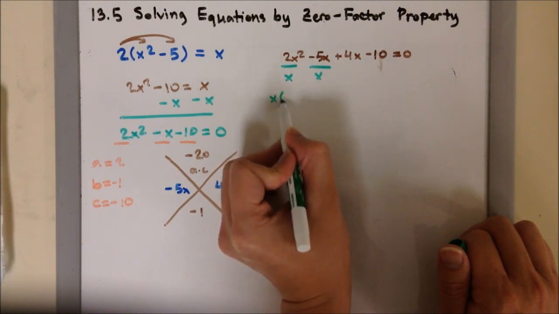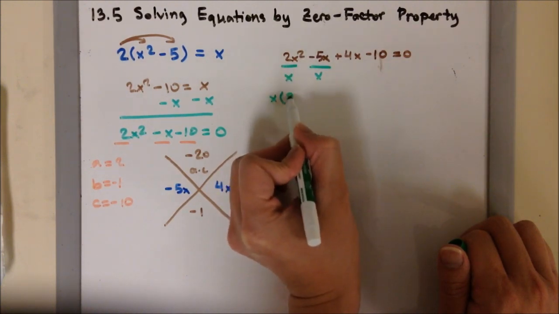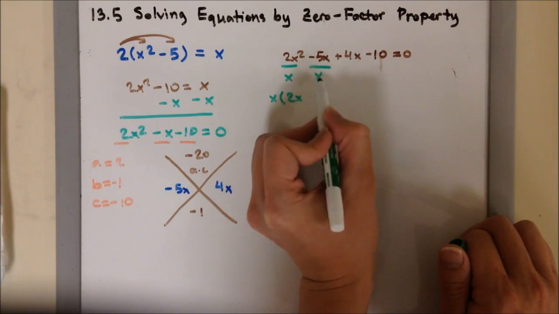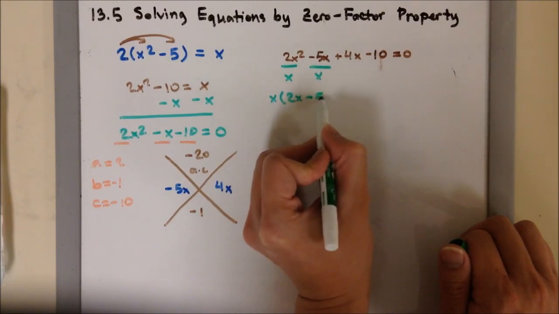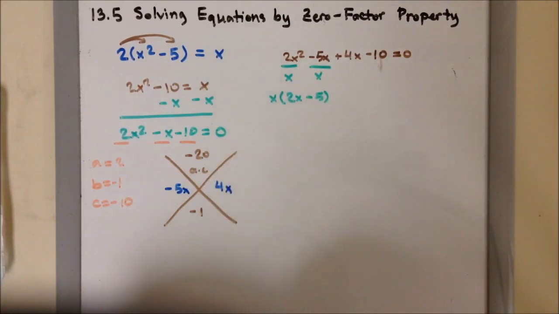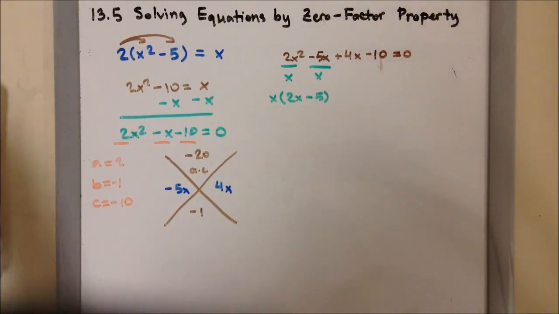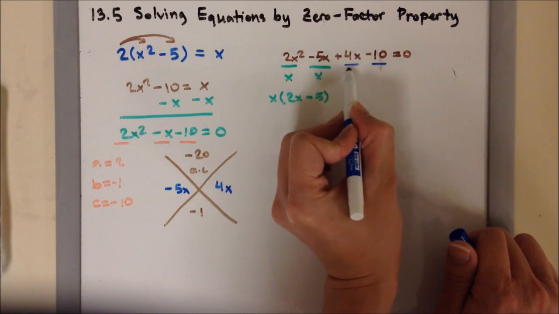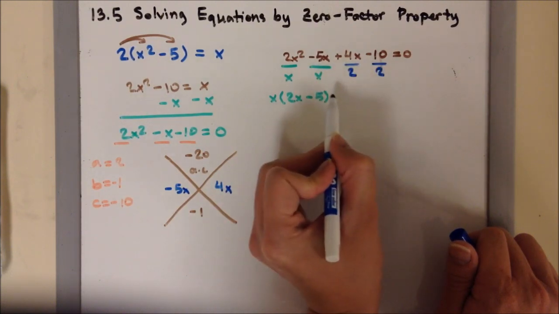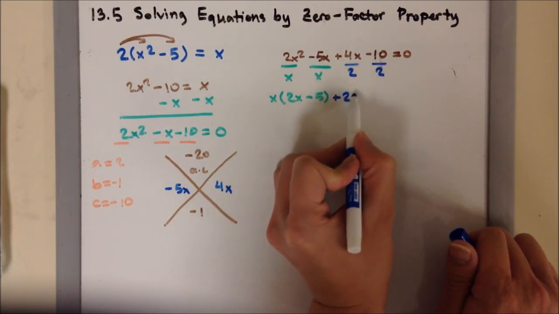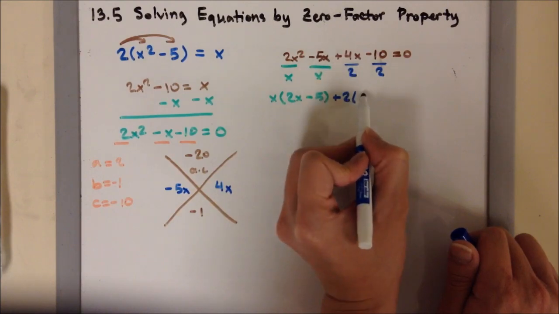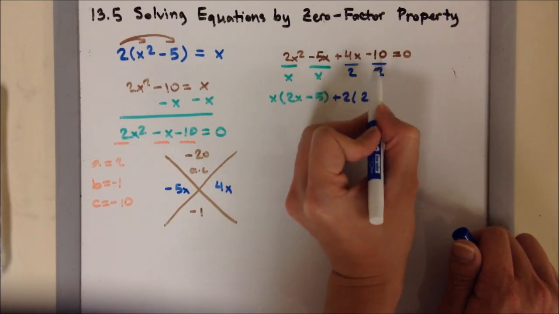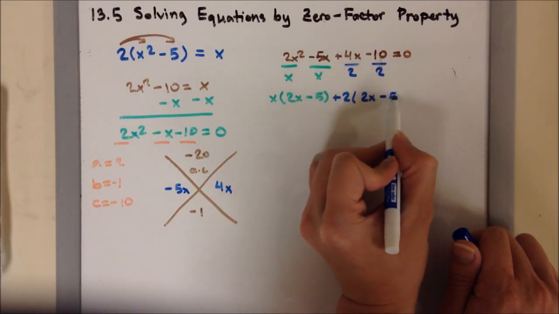So x going to the outside, 2x squared divided by x, 2x, negative 5x divided by x, minus 5. Now the only thing in common on the right side is the 2. So I'm going to write plus 2 because it's positive. 2x divided by 2, 2x. Negative 10 divided by 2, minus 5.